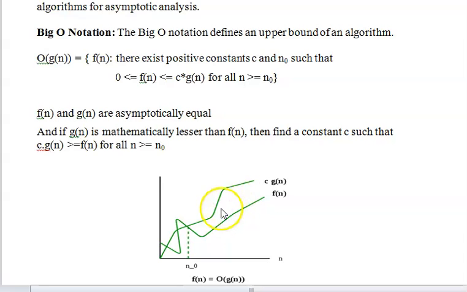So it is treated as a bound which is upper to f(n), and this will be true for all values of n which is greater than or equal to n naught. It may not be the case for values less than n naught.